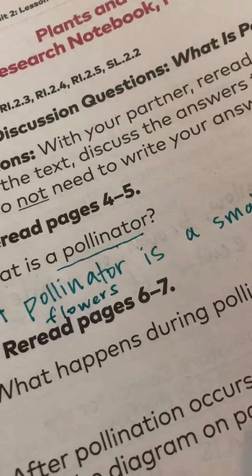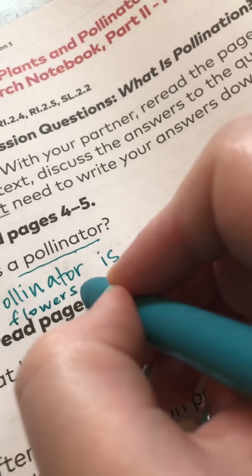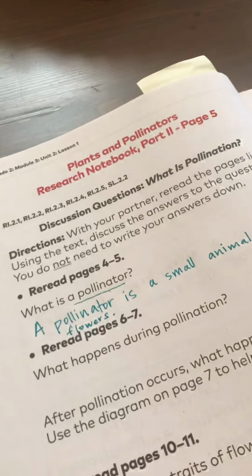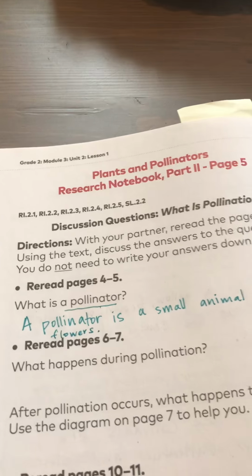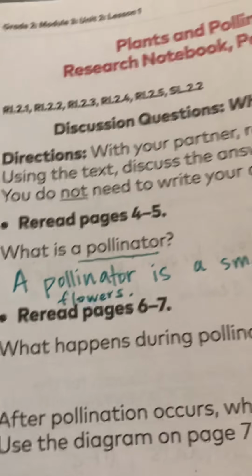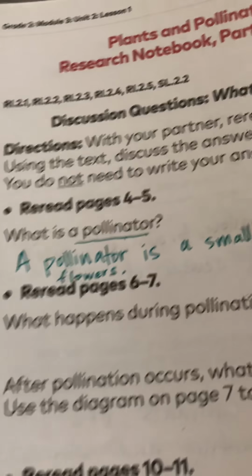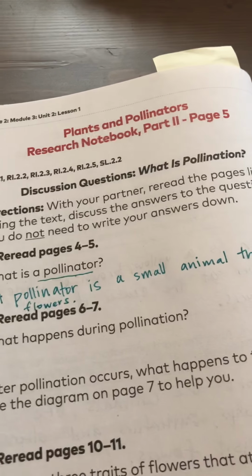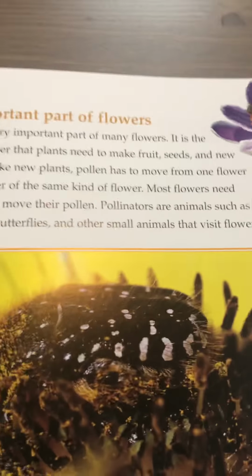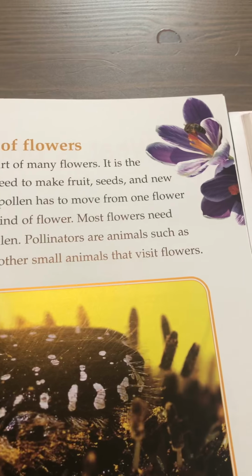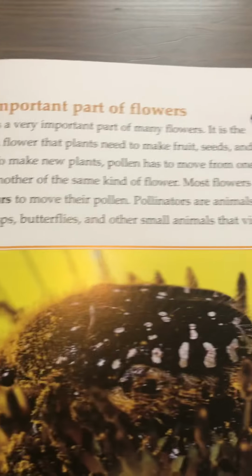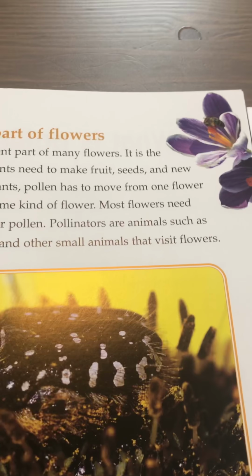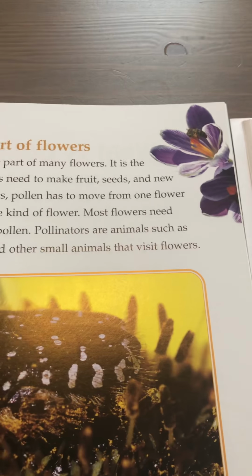And I'm going to be sure to end my sentence with a period. Yes. All right. So now I'm going to reread my sentence to see if it makes sense. The question says, what is a pollinator? And I said, a pollinator is a small animal that visits flowers. Is that what the text said? Pollinators are animals. It gives some examples that visit flowers. So yes. Kiss your brains, friends. Say, we did that.